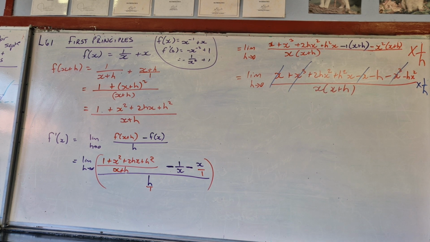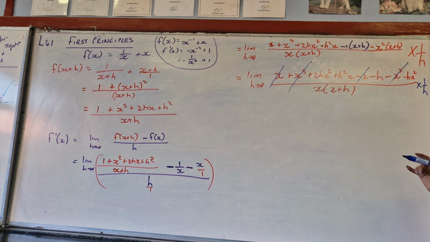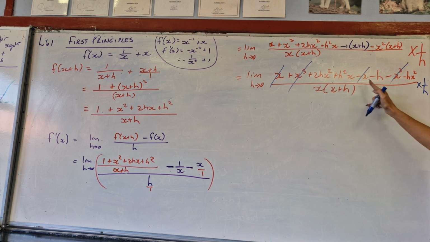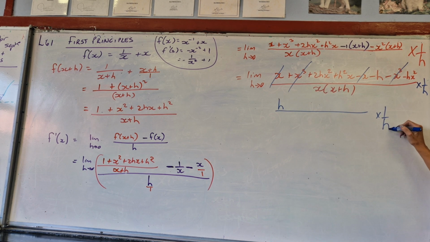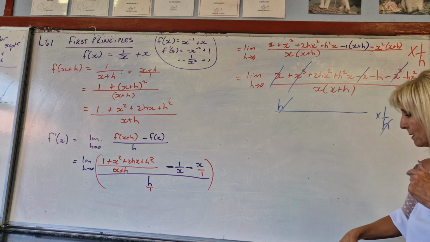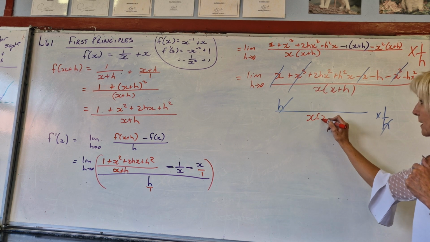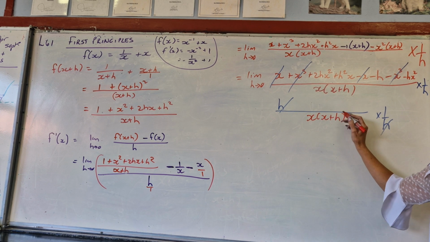Are you happy on that? Okay. So then, after that, can I sort out the h? How do I do that? By factorizing. So that h and this h is going to cancel out. My problem is solved. This can still be 0 with no problem.